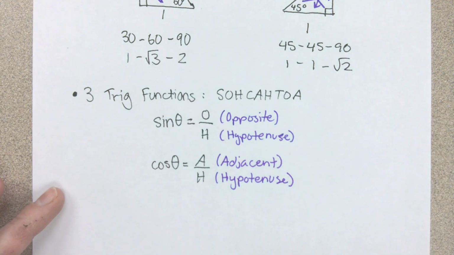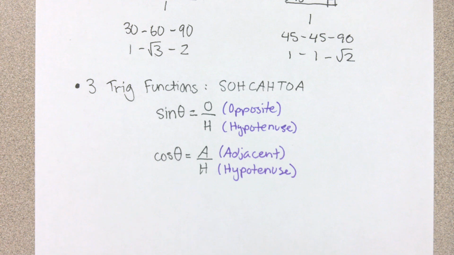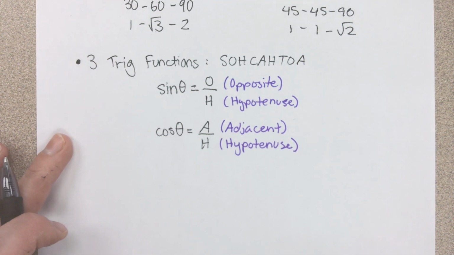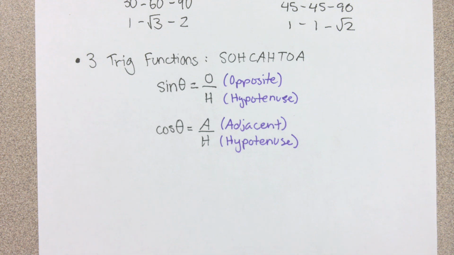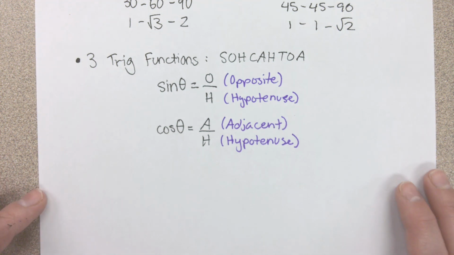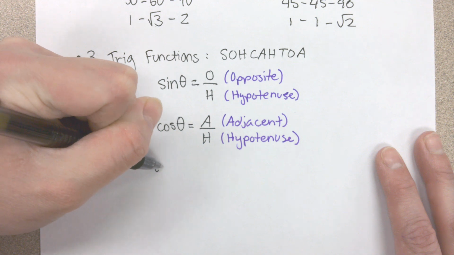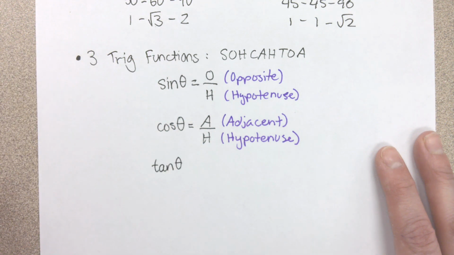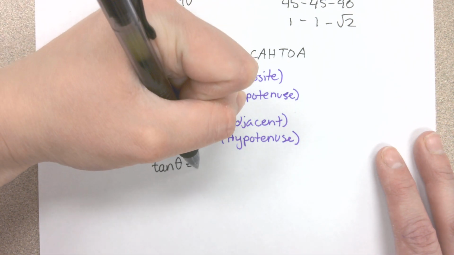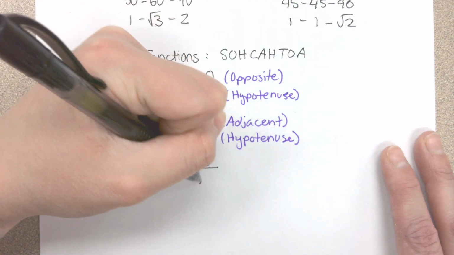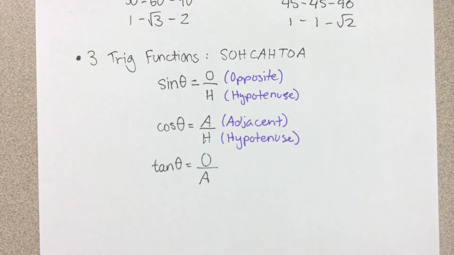So adjacent over hypotenuse. And lastly, we have TOA. What does T represent? Tangent. T is for tan, and tan is short for tangent. This is O over A, opposite over adjacent.